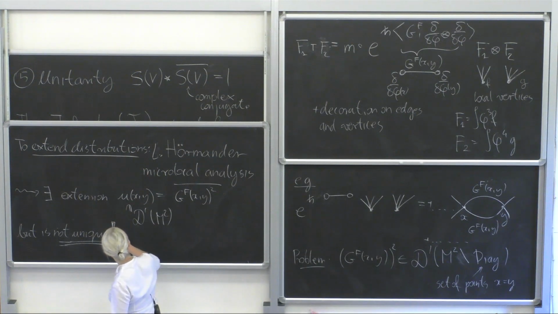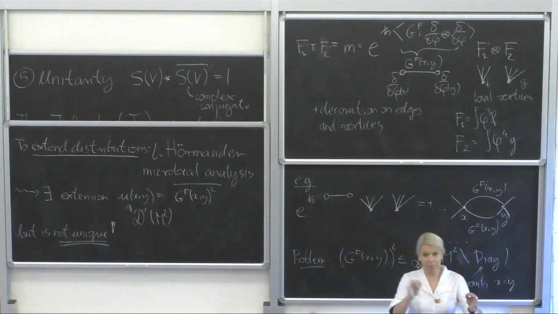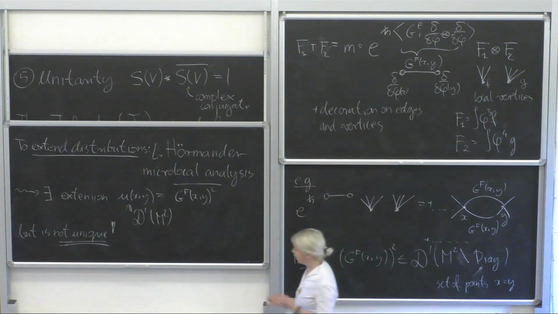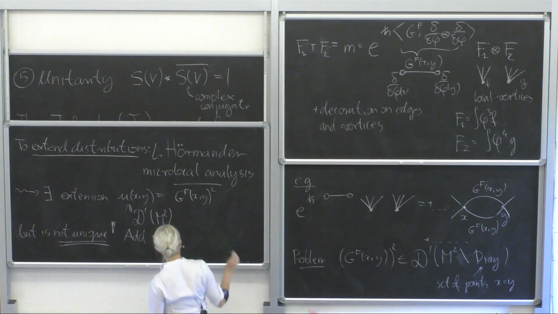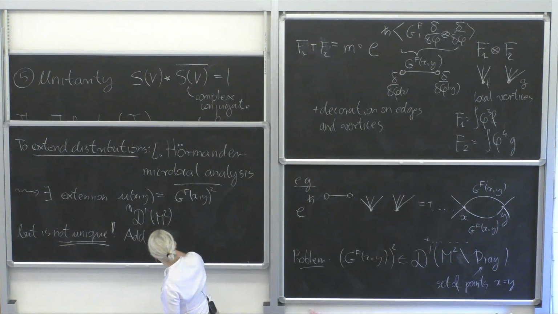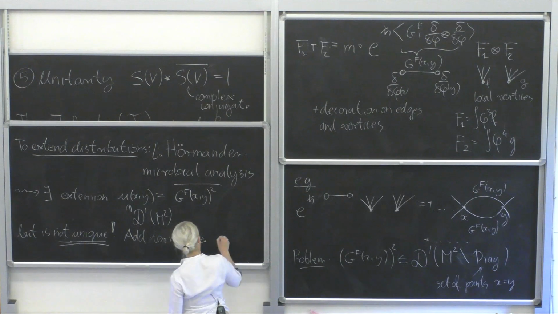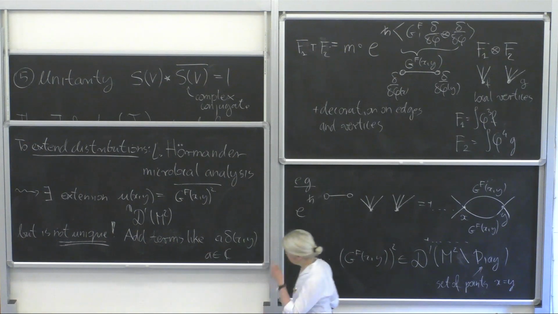So you can actually here add some multiples of Dirac delta with some coefficients. You can add terms like A times delta(x,y), where A is a complex coefficient.